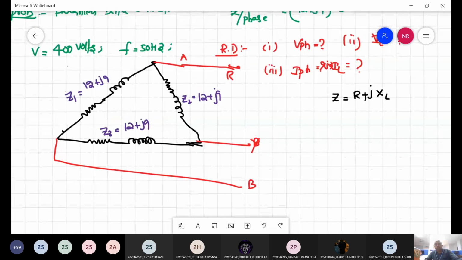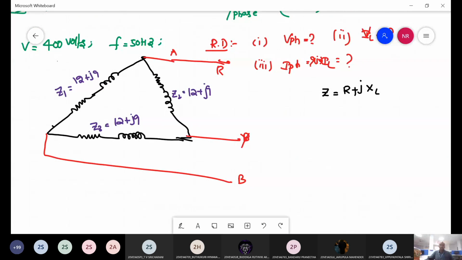What we have to calculate here: in delta connection, we derived that equation. In star connection, current is the same. Yes or no? Yes, sir. In delta connection, voltage is the same. So first, what do we have to calculate? Phase voltage.